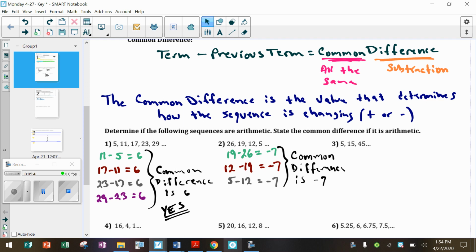So if we do have the same difference for each one, then yes, it is an arithmetic sequence. So we check 15 minus 5, and then we check 45 minus 15. And no, that is not a common difference because when we subtracted, we got different answers.